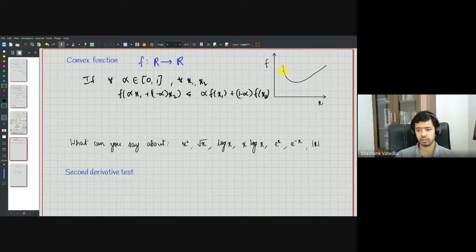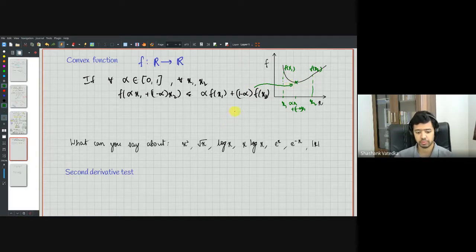And if you look at it geometrically, then basically it is the following. You take any 2 points, x1 and x2, then this is f of x1 and this is f of x2. If you look at alpha x1 plus 1 minus alpha x2, then it lies in the interval between x1 and x2. So f of alpha x1 plus 1 minus alpha x2 lies over here.